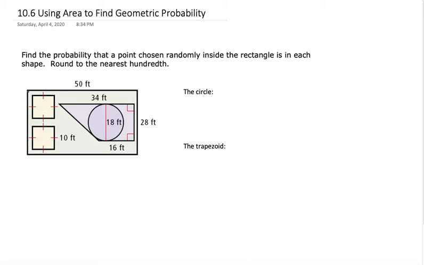So first you need to figure out the area of the rectangle. So the rectangle, you're going to have 50 times 28, which is 1,400 feet squared. Okay, that's the rectangle, the whole thing.